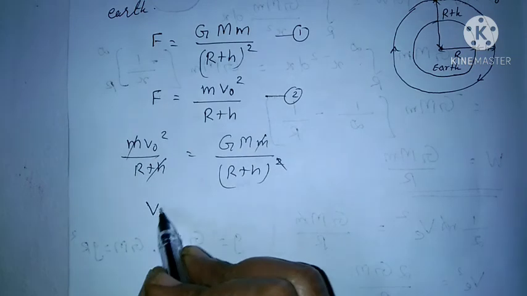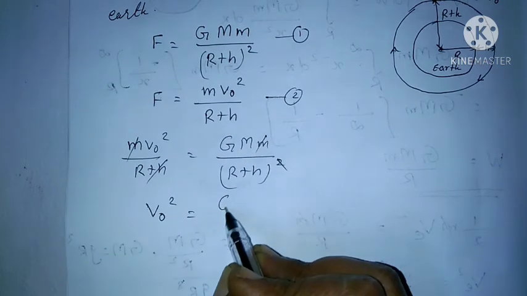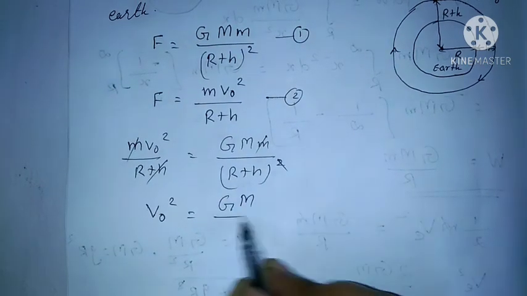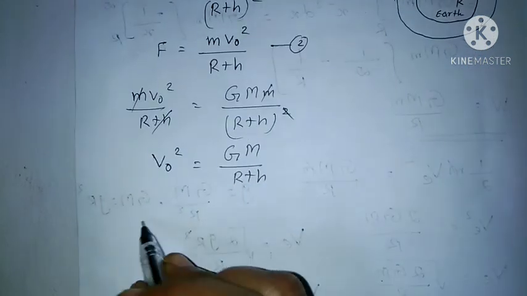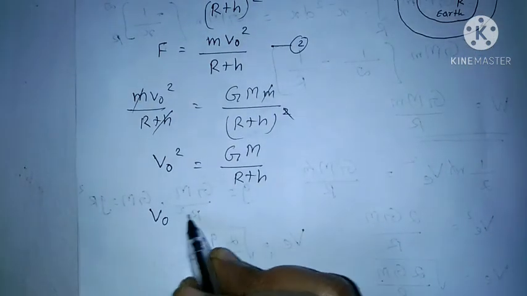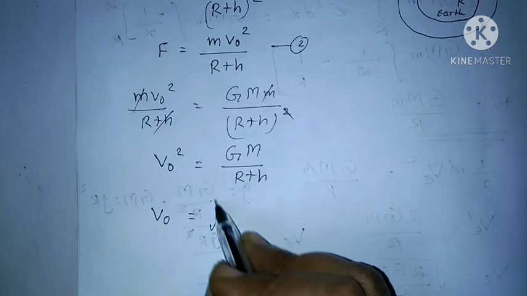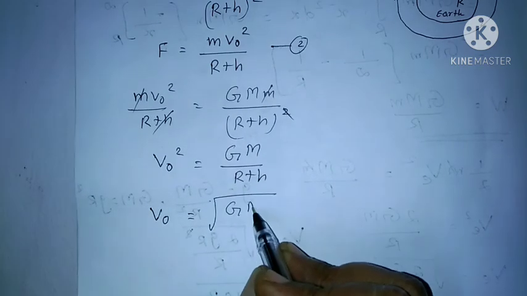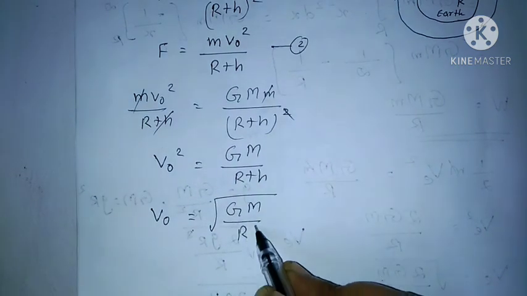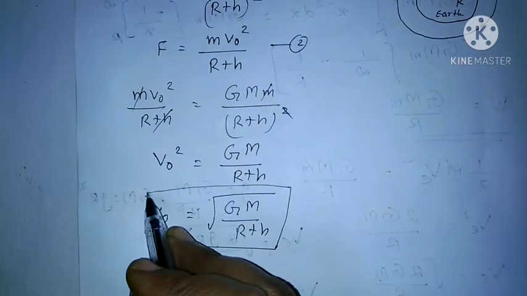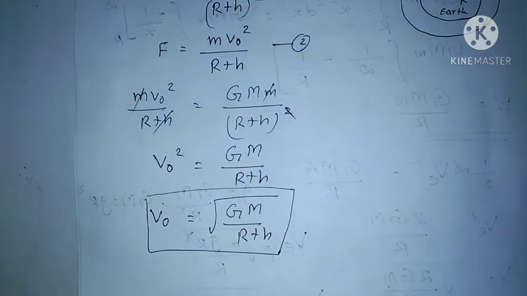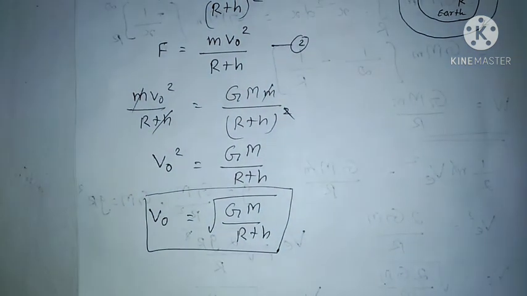That is v0 square equal to G capital M divided by R plus h. So the orbital velocity v0 equals root of G capital M divided by R plus h. This is the equation for the orbital velocity in terms of the mass of the Earth and the orbital radius R plus h.